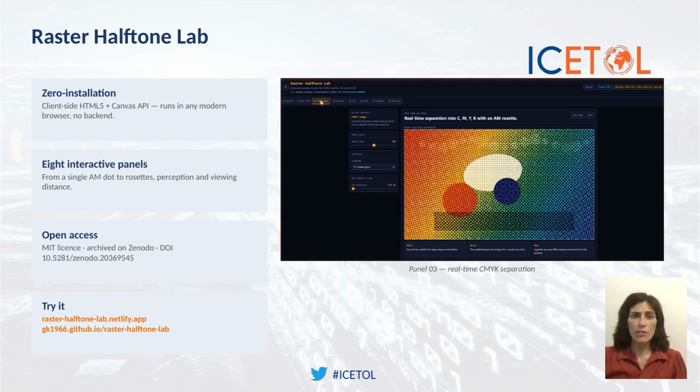The current version offers 8 interactive panels, from a single halftone dot to full CMYK rosettes and perception effects. The software is open access under an MIT license, archived on Zenodo with a DOI, and you can try it right now at the addresses on this slide.